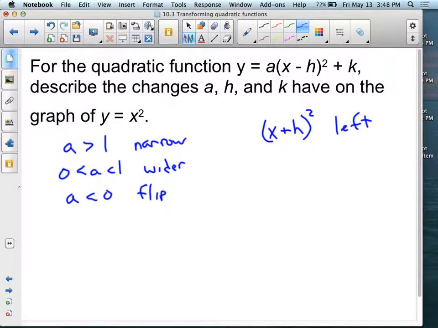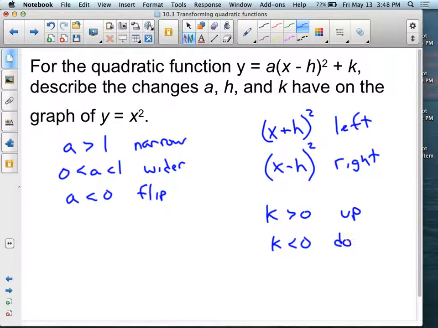So that went to the left. And then x subtract h, that subtraction sign tells me that my h value was positive here, and I'm going to the right. And finally, when k is greater than 0, we go up. And when k is less than 0, we go down.